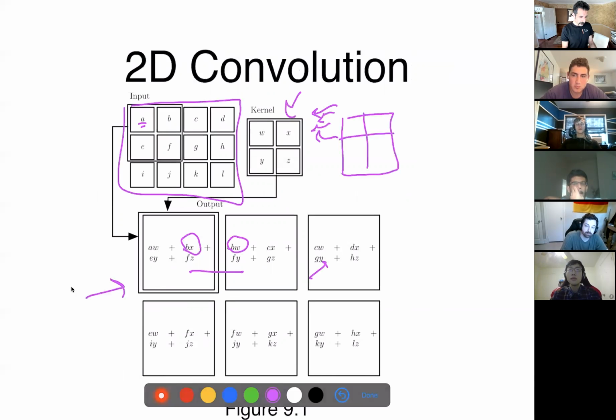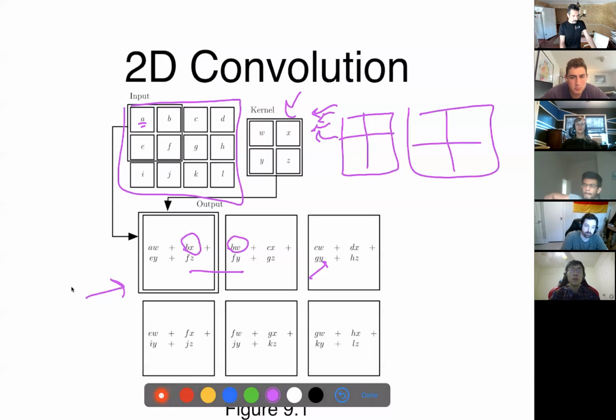If you need three feature maps for this layer, for the third output you need the third kernel. And you learn them separately. You learn the parameters inside your kernel, this W, X, Y, Z.